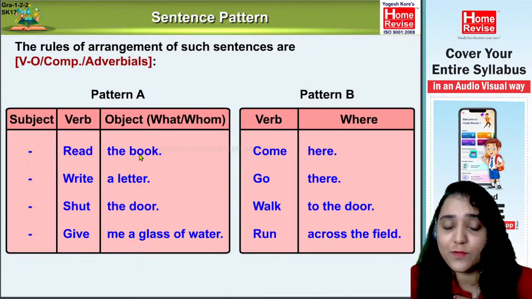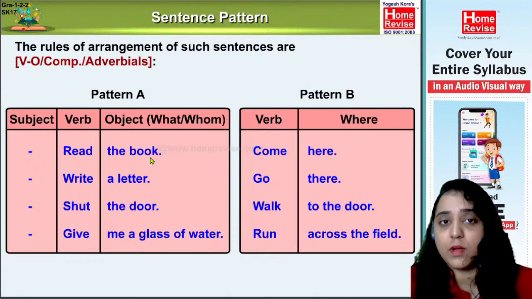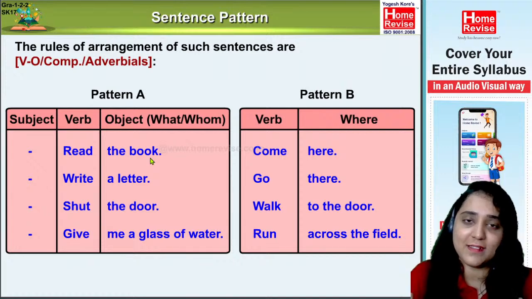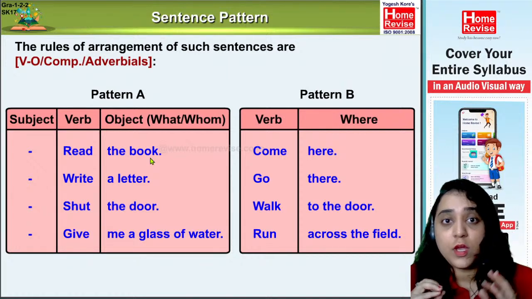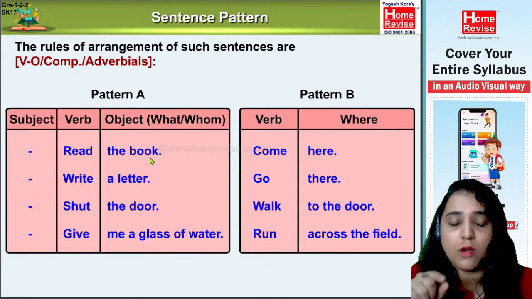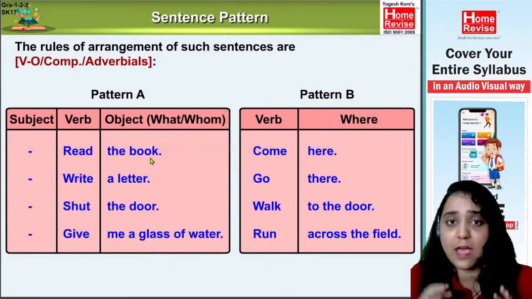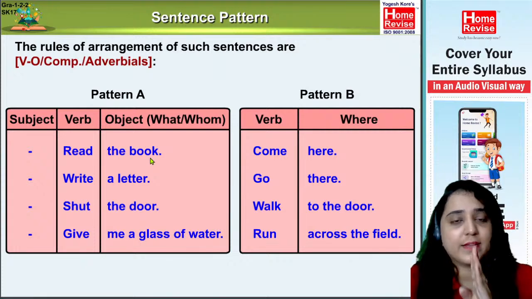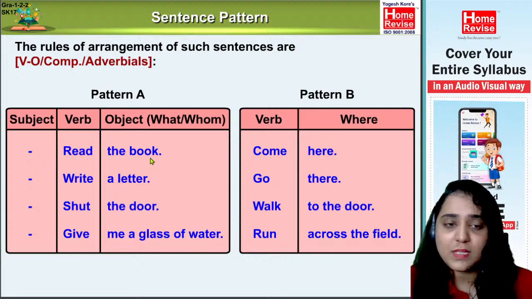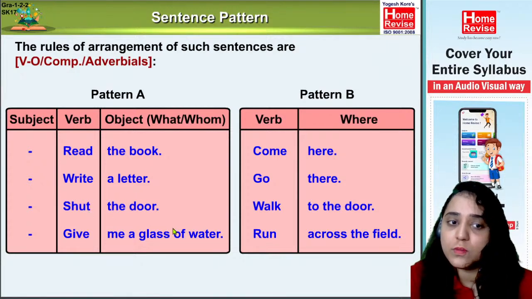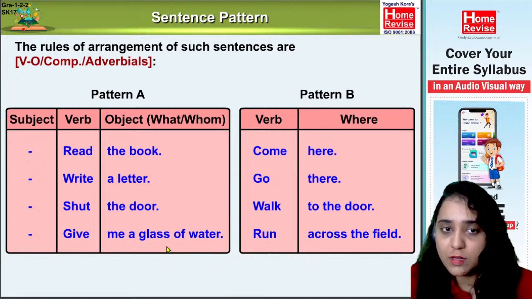So how the sentence forms is, देखो, read the book. So read the book, automatically it is an imperative statement. Again, write a letter. See, जो subject है, you write the letter or you should write the letter, ये सब नहीं use किया है. जो subject है, it has been omitted and only the verbs and the objects are mentioned here. So read the book, write a letter, shut the door, give me a glass of water.